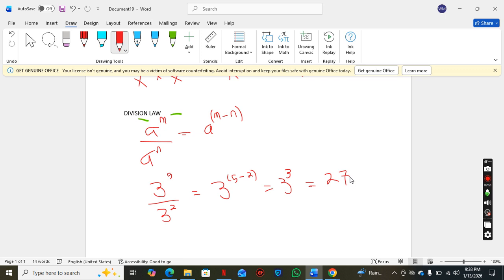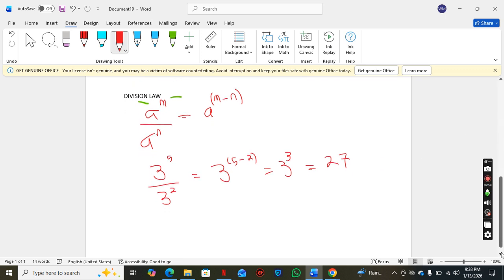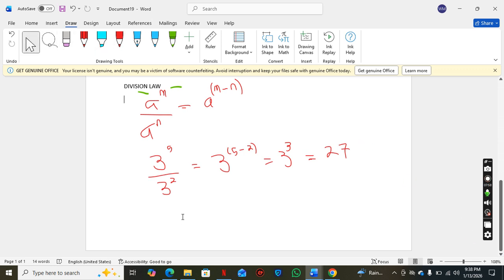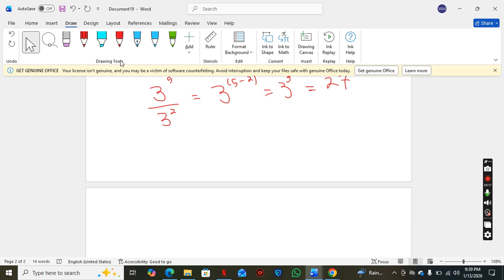If we use variables, letters, say x to the power 7 over x to the power 3, same bases, x and x here, so it's x to the power 7 minus 3, which will give us x to the power 4.